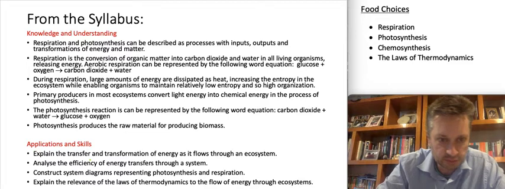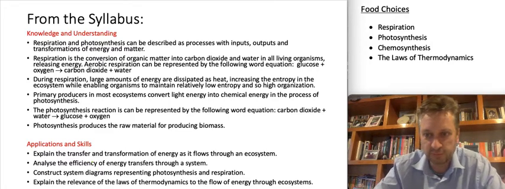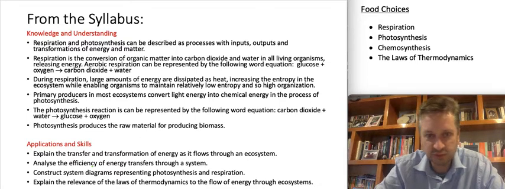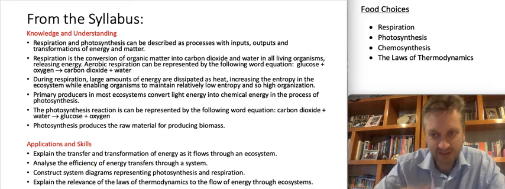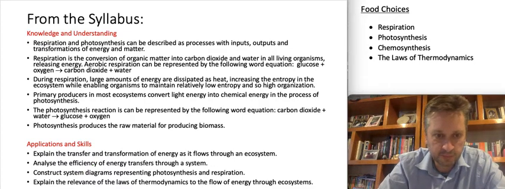You need to be able to explain the transfer and transformation of energy through an ecosystem. Some of this again refers to what we'll do in the next video about food webs and ecological pyramids. We need to think a little bit about the efficiency, or perhaps you could say lack of efficiency, of energy transfers through systems. Again, that also applies to the second video that I'll do.